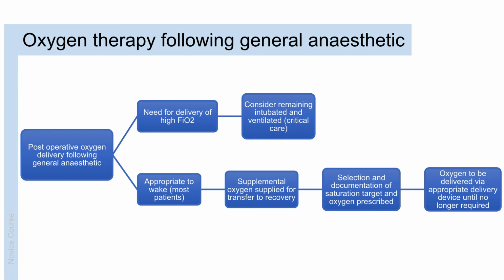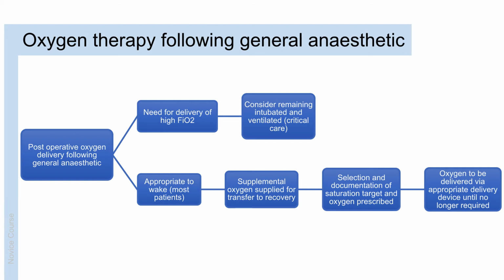As a novice anaesthetist, this will clearly be something that will be discussed and senior anaesthetists will be involved. So the bottom arm would be most of the patients that we see who are appropriate to wake at the end of the procedure.